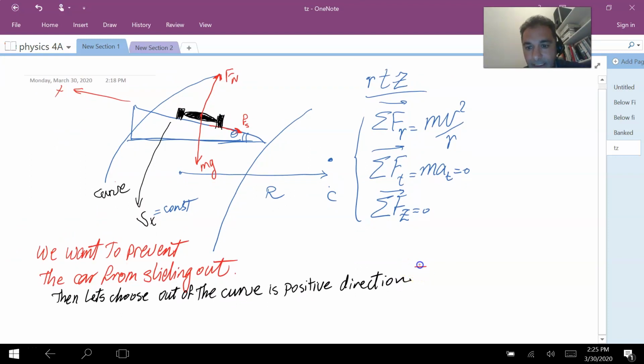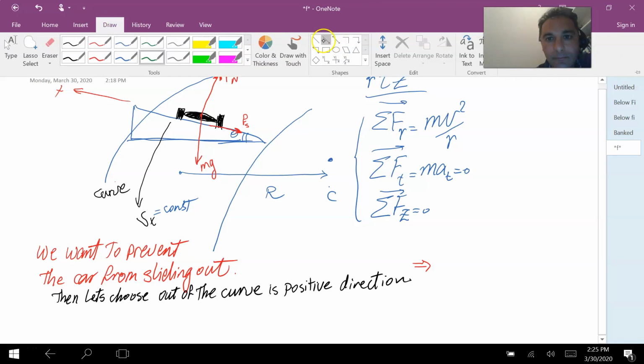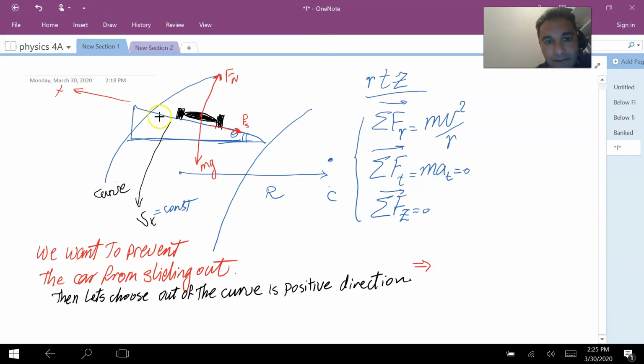Now let's see what we can do for the picture. Watch, guys. I'm going to choose actually my coordinate system as this. So this is x-axis, or same as c-axis or r-axis, radial axis, correct?